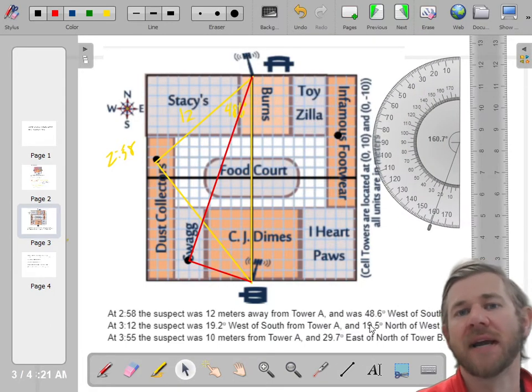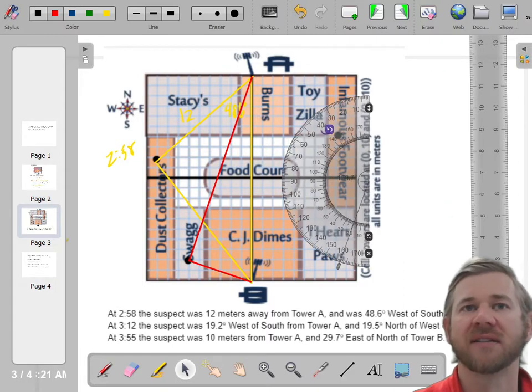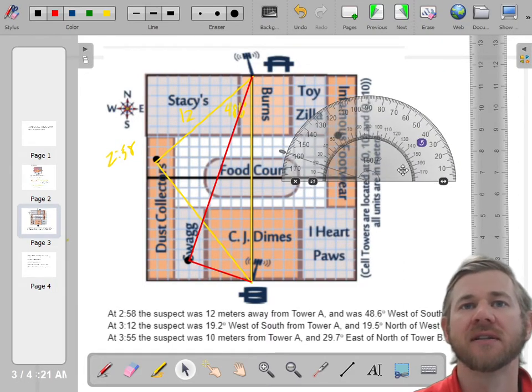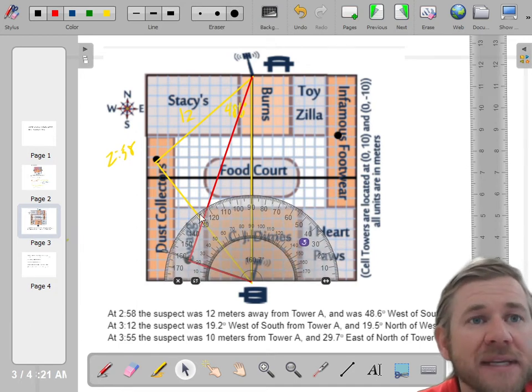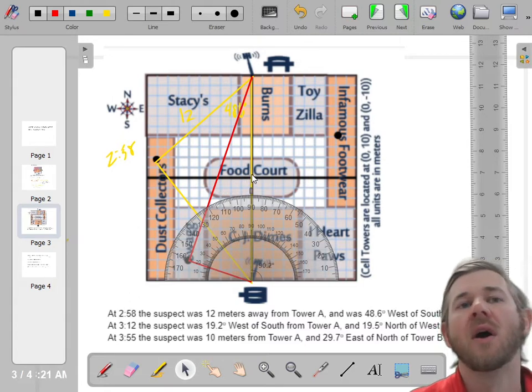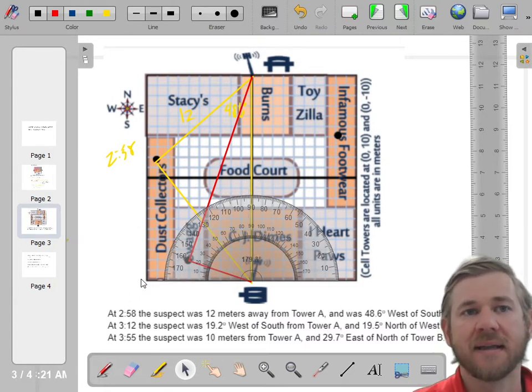And then it also says that we're 19.5 degrees north of west. So let's see if we're close. Oh, I can reset this. If I put this here and I say, how many degrees is that? We're supposed to be 19.5 degrees north of west. So if I go west, this is west, 19.5 degrees above that should be right here.